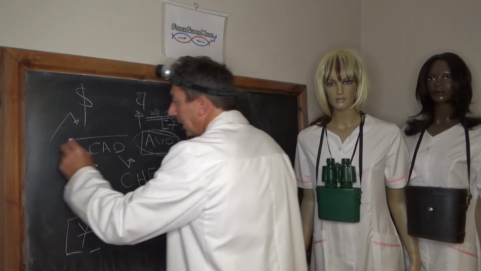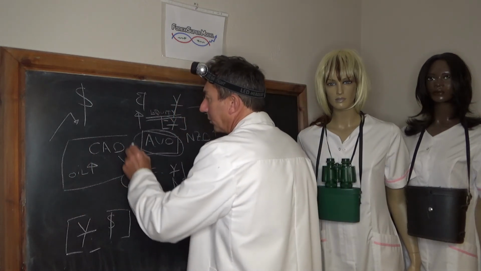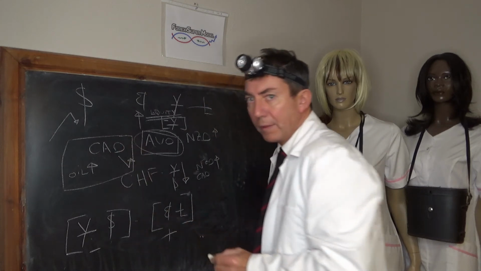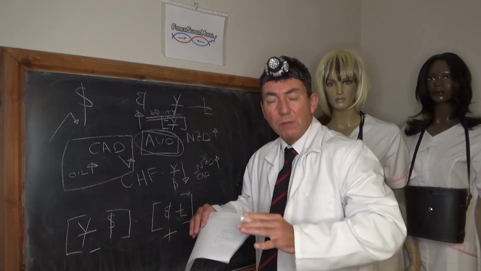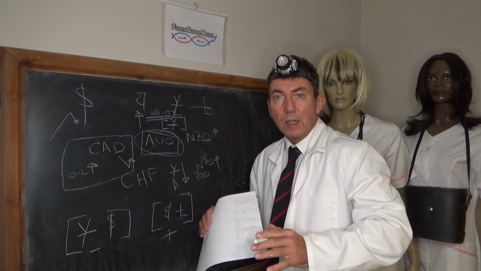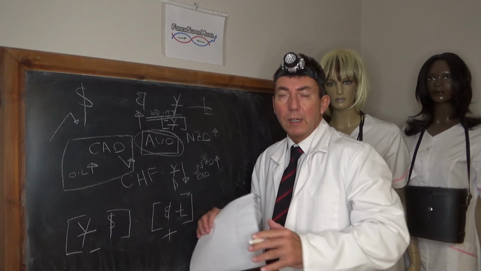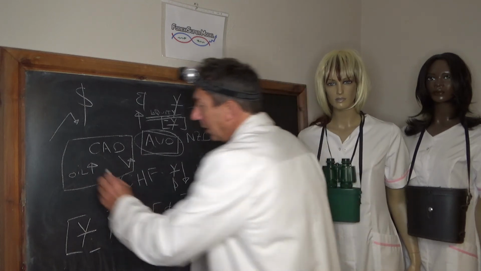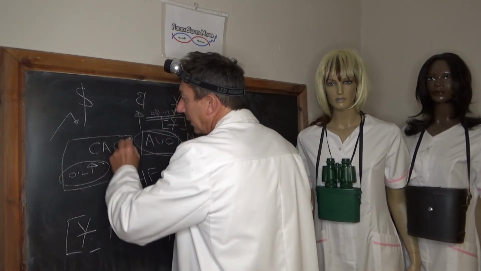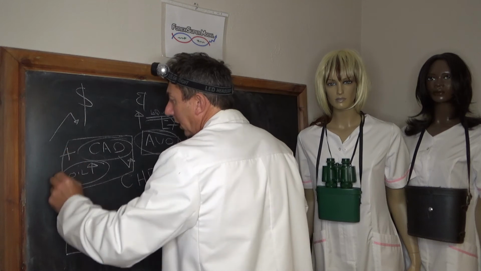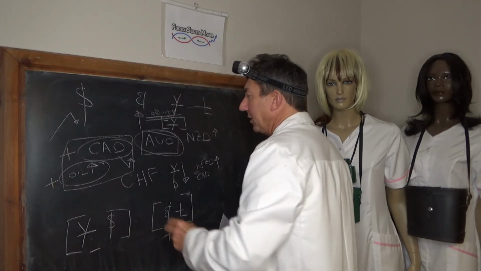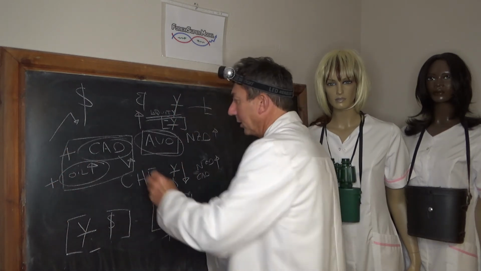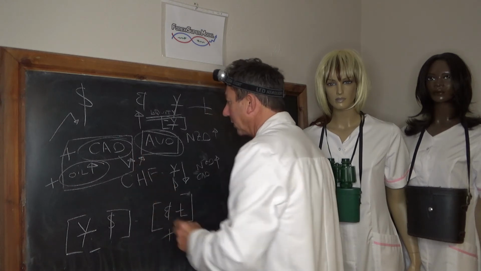And the CAD, assuming that we don't get some sort of fall off in oil, and the likelihood is we're starting to move into this sort of imported inflationary phase, so you're likely to get oil going up further, the CAD being strong, and then eventually the AUD will have no choice but to go up. So you're going to get the commodity currencies coming up.